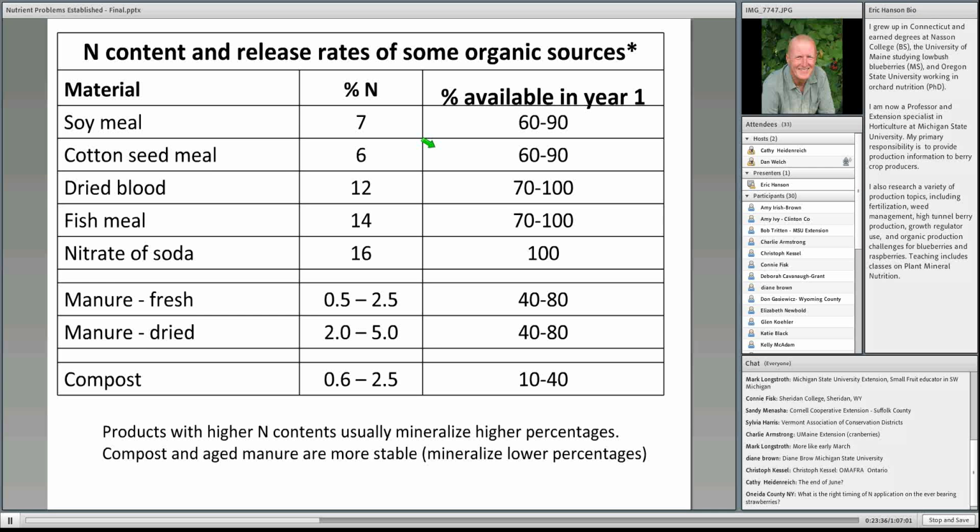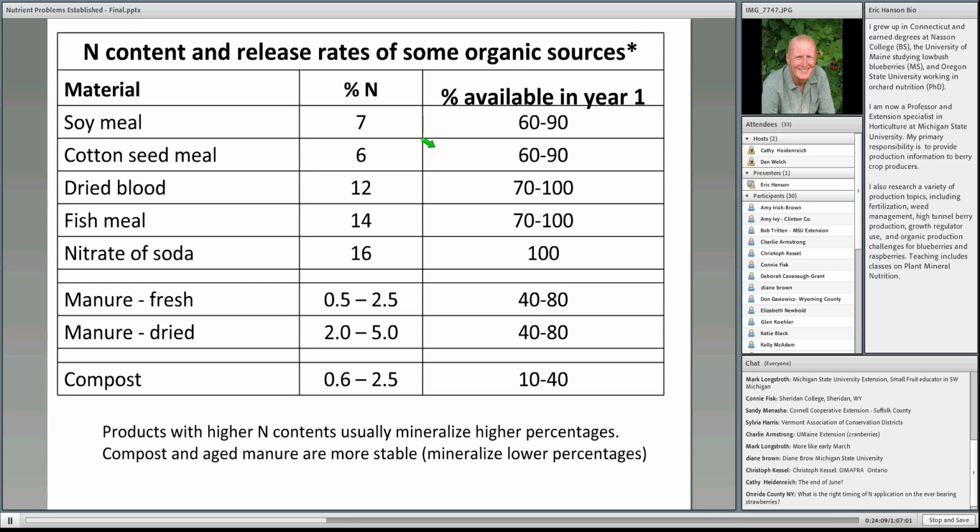Folks over in Oneida County wanted to know what's the right timing for nitrogen in ever-bearing strawberries. Yeah, ever-bearing strawberries I haven't had a whole lot of experience with, but typically those are on plastic, so you're fertigating, and the timing there would be more of a spoon-feeding approach through the growing season.